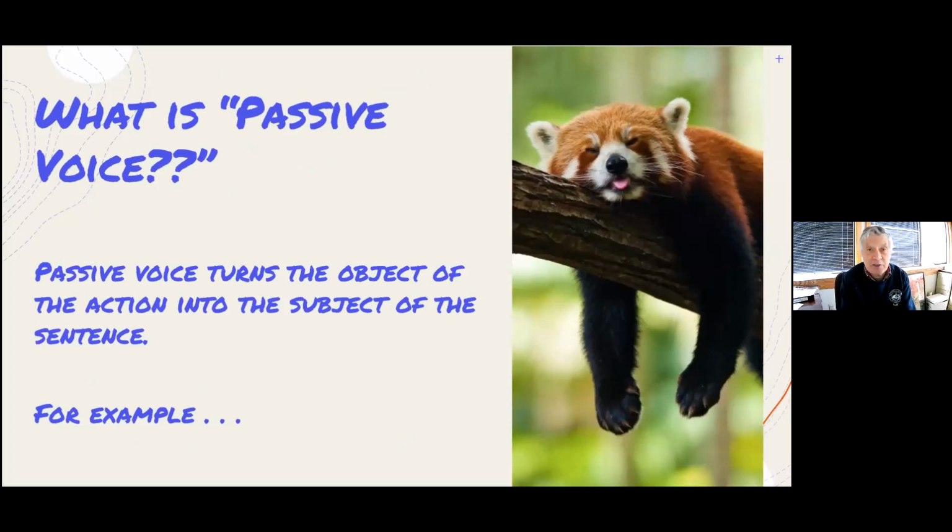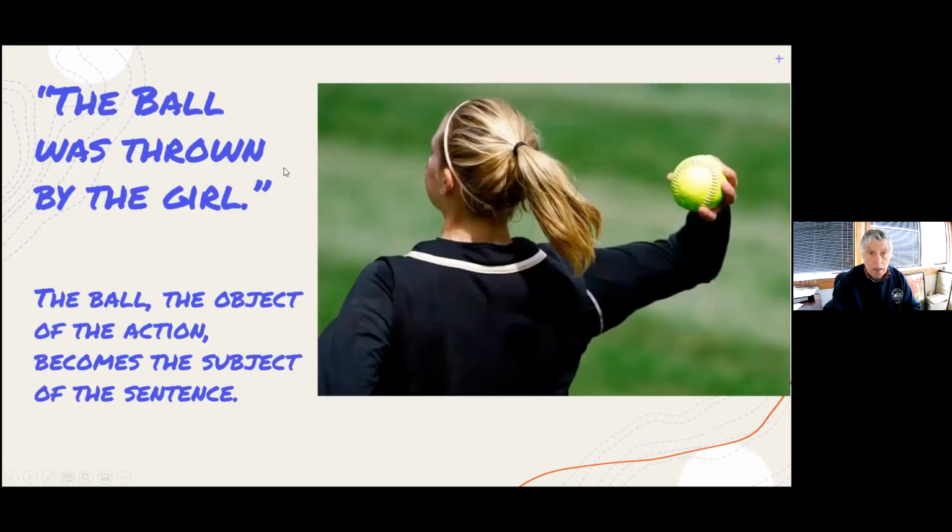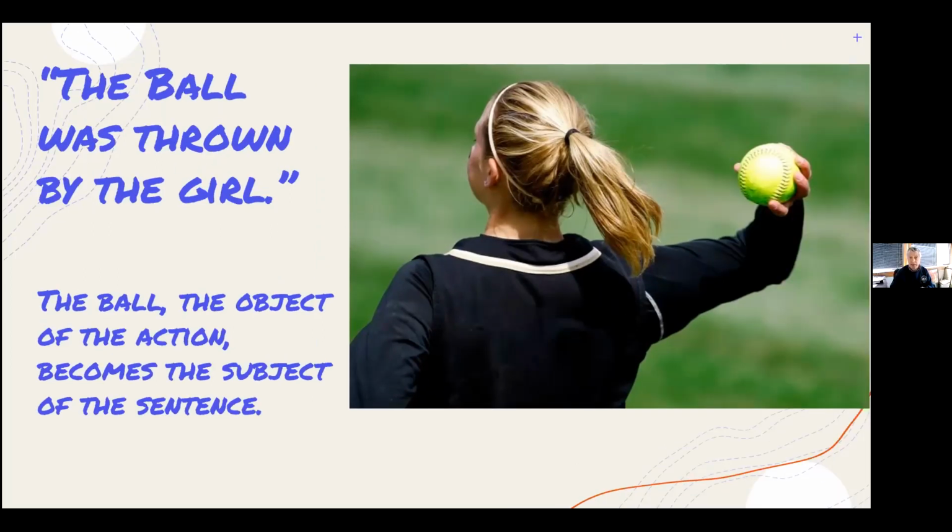What is passive voice? Well, passive voice is writing that turns the object of the action into the subject of the sentence. So like the critter here, it's kind of passive. All right, so let's give you an example of passive voice. The ball was thrown by the girl. Right, so the ball is the object of the action, but it becomes the subject of the sentence.